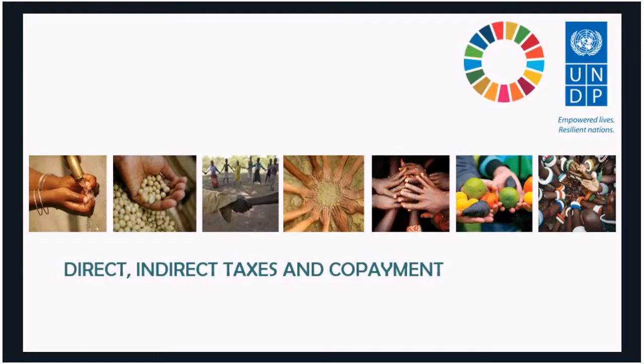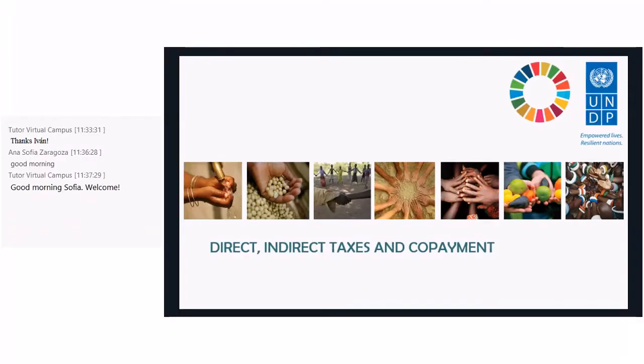This is Unit 5, in which we will be explaining some of the main components of this piece of the puzzle, which are taxes. Next week we will discuss the main components of the other piece of the puzzle, which is redistribution and social spending.